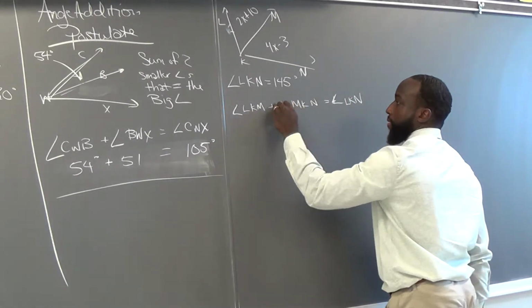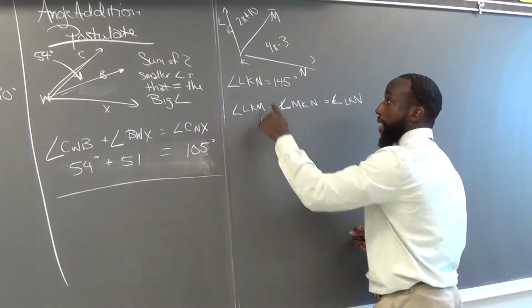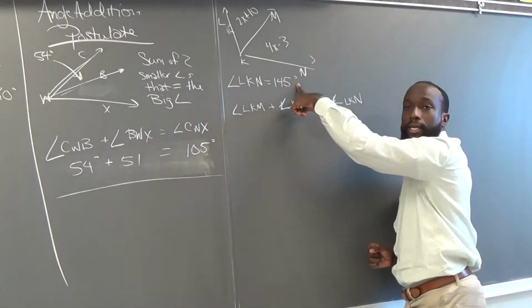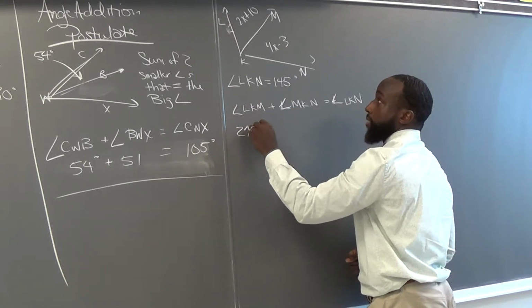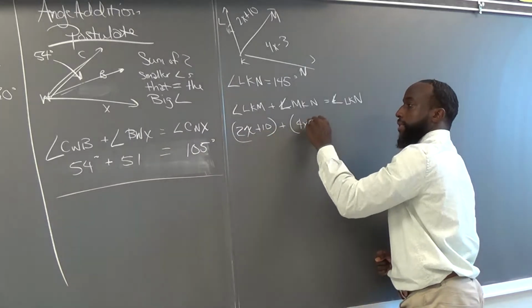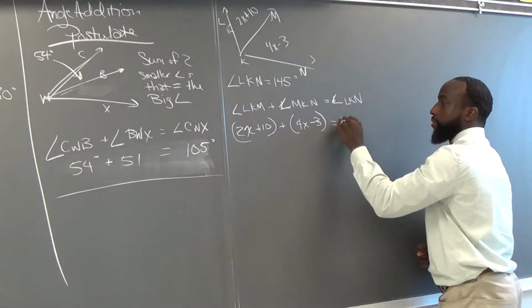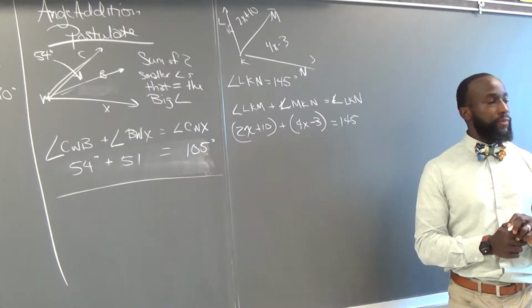So I'm adding these two together, setting it equal to 145. So it's 2x plus 10 plus 4x minus 3 equals 145. You good so far? Cool.